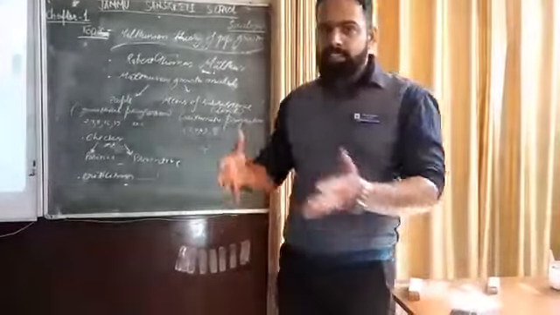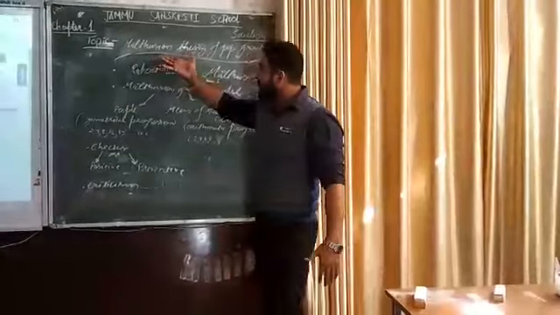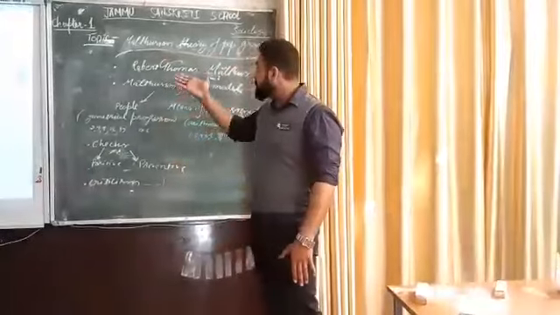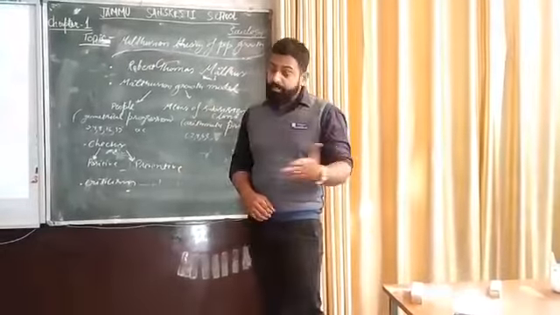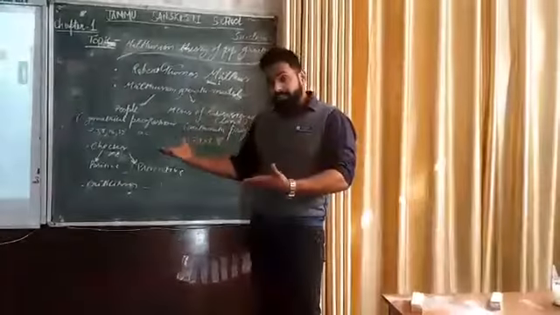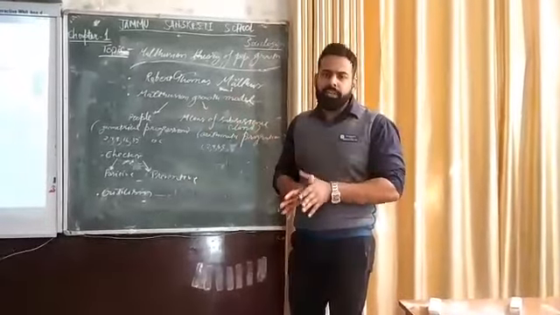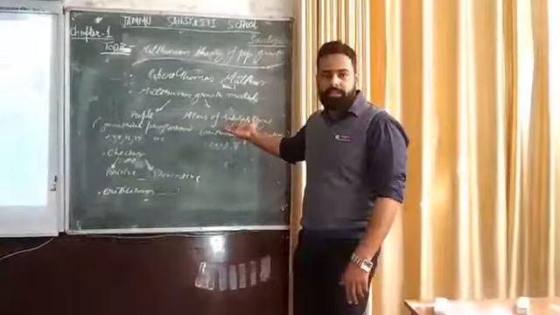So students, let's revise what we have learned today. Our topic is Malthusian theory of population growth, which was propounded by Robert Thomas Malthus, who was a political economist. This theory is also known as Malthusian growth model. In this theory, two things matter: people and means of subsistence.